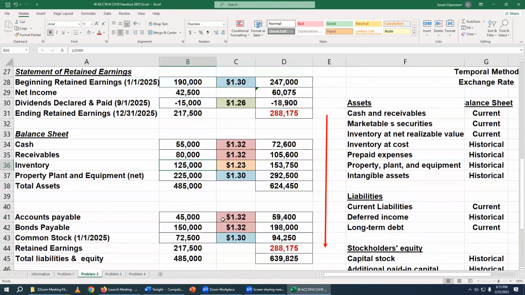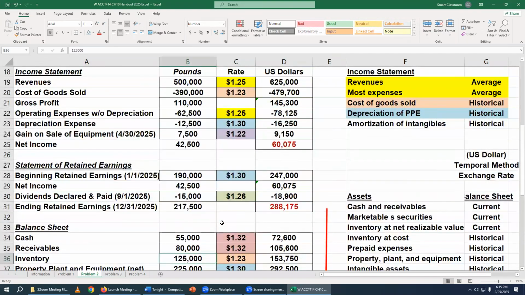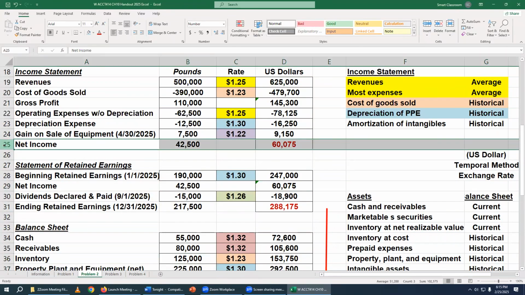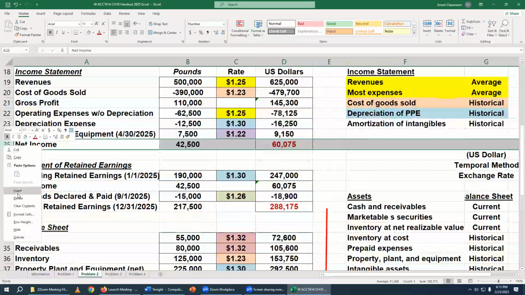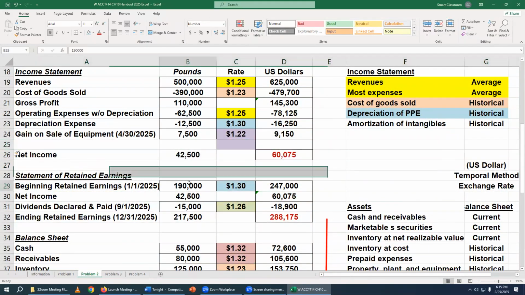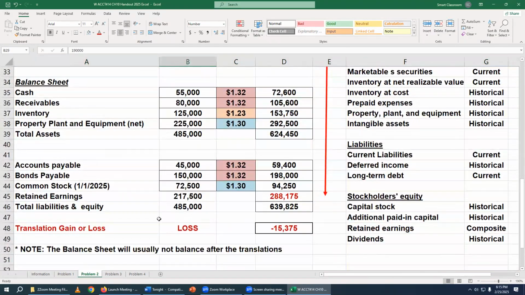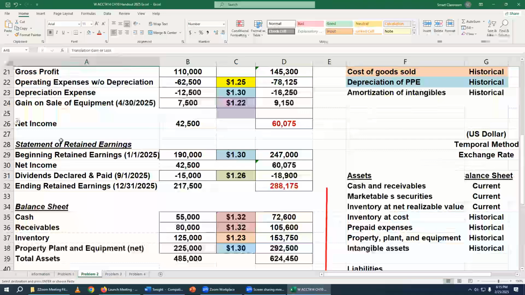Okay, so let me show you how this would actually be shown on the financial statements. This translation gain or loss would actually be on the income statement.